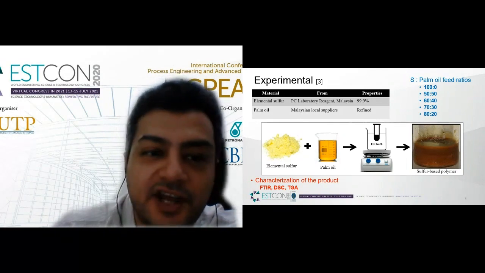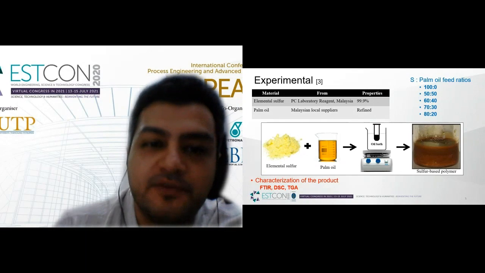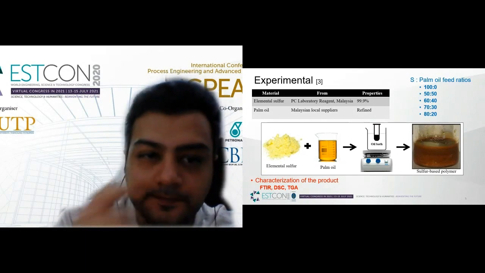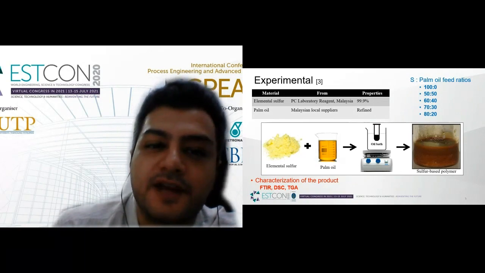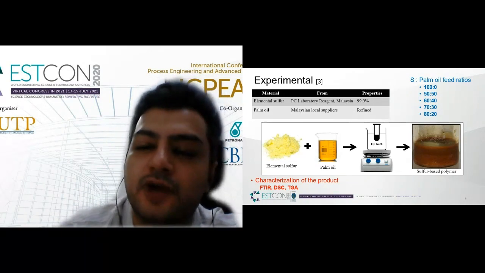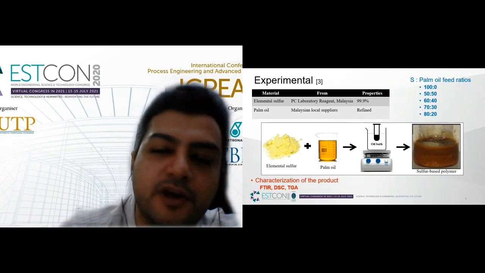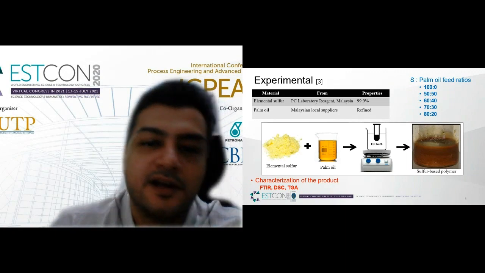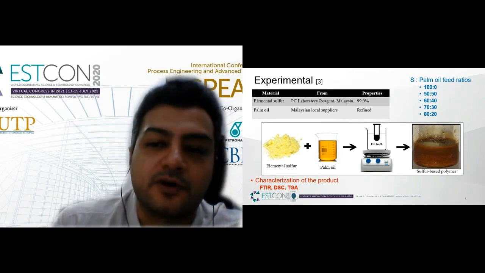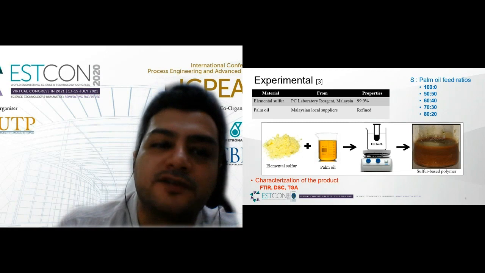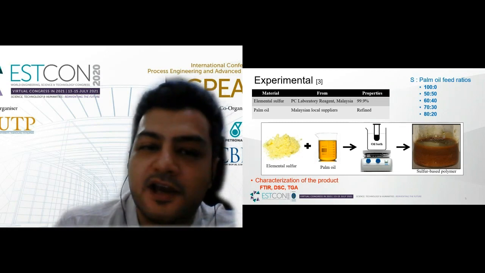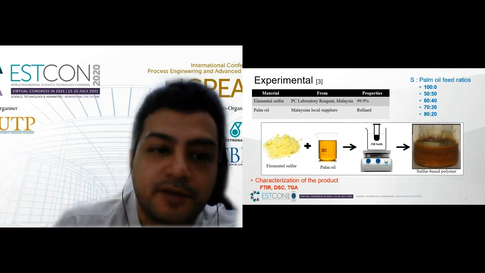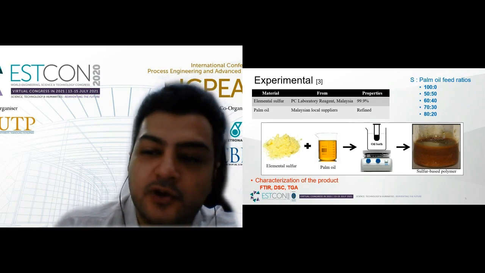After we see a color change in the molten sulfur from yellow to light orange, which shows the initiation of the ring opening process, the palm oil is slowly added to the glass vial to make sure there is no sudden temperature drop. The mixture was kept for 1 hour at 170 degrees Celsius under continuous stirring, and after the reaction was completed, the samples were cooled at room temperature to obtain the sulfur-based polymer.